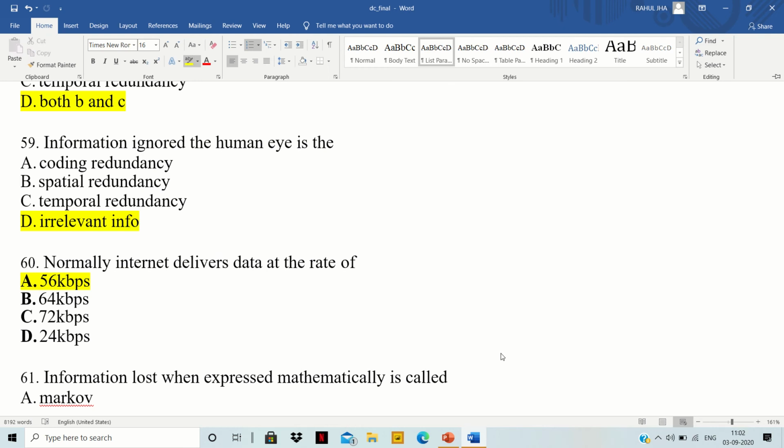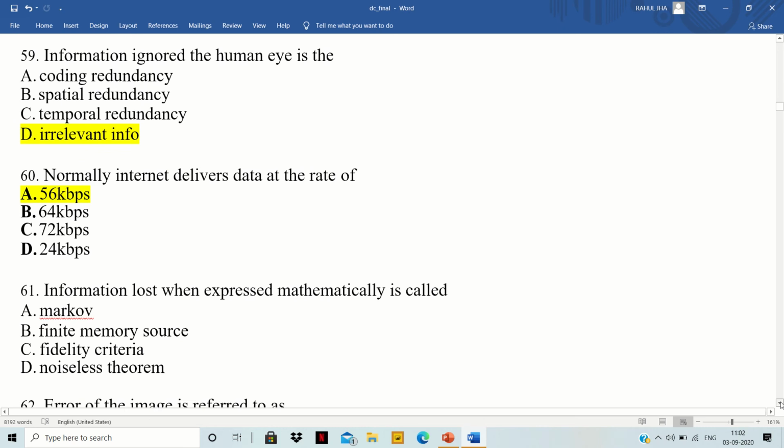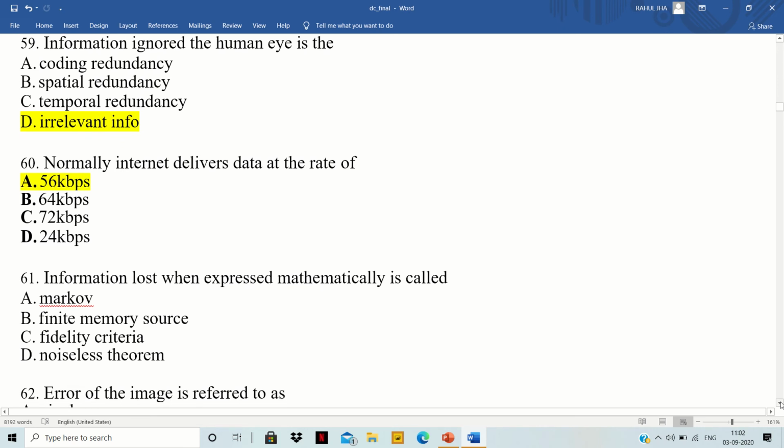Okay, next question. Information lost when expressed mathematically is called as. It means we want to express the information lost in the form of a mathematical equation. Our options are A Markov, B finite memory source, C fidelity criteria, D noiseless theorem.